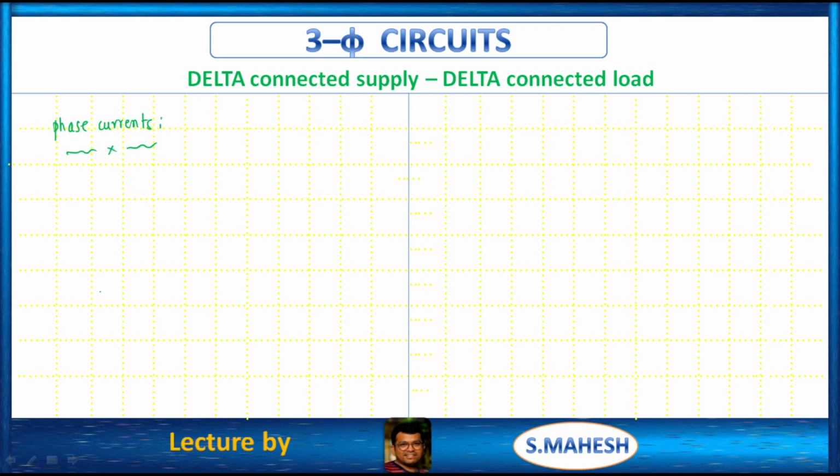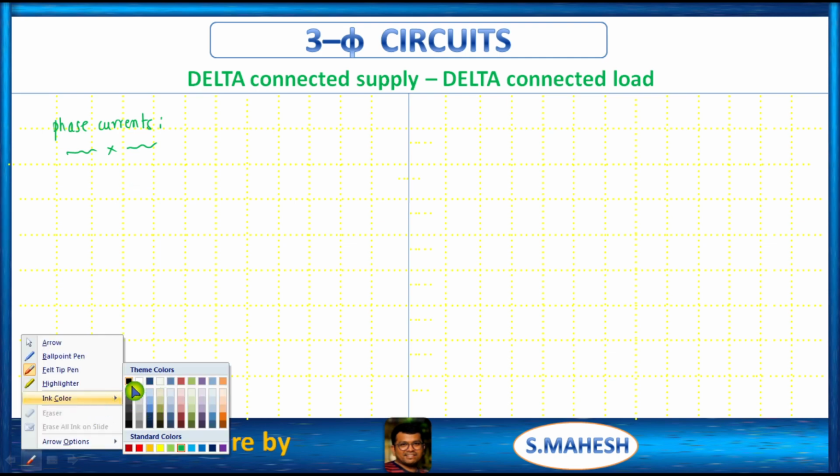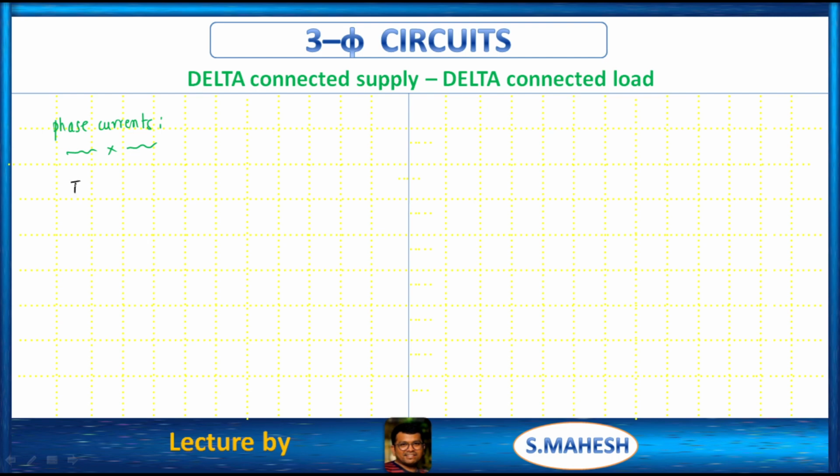Phase currents. In case of delta connection, phase current is nothing but V phase by Z phase, right? Therefore first we have to get IRY, which is equal to V phase, that is VRY, by 10 at an angle minus 67.5, right? Given like that, at an angle 30 degrees.